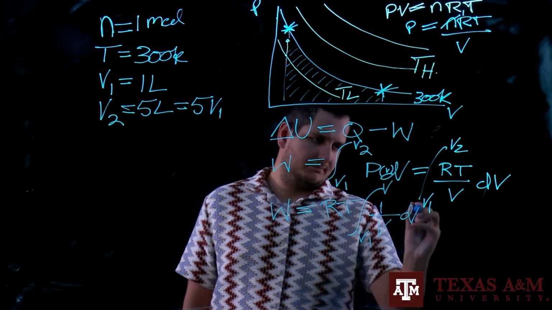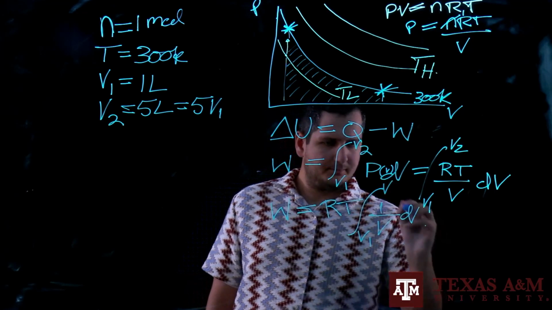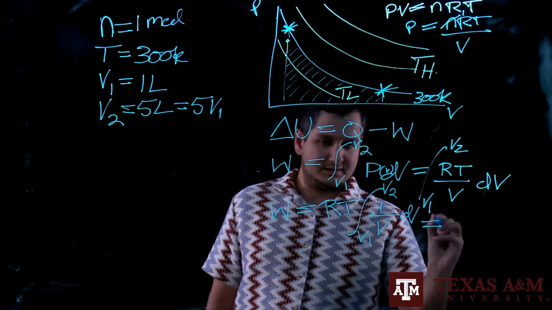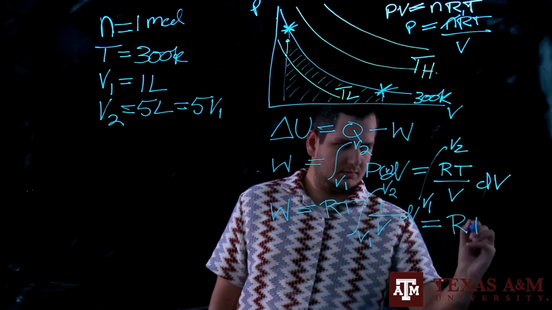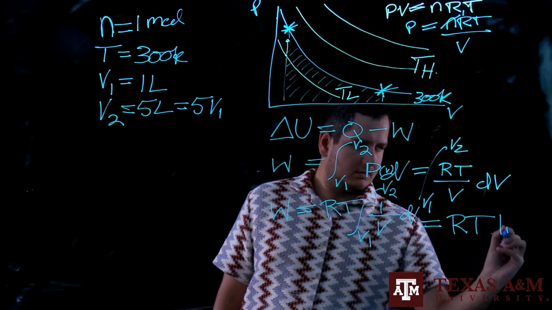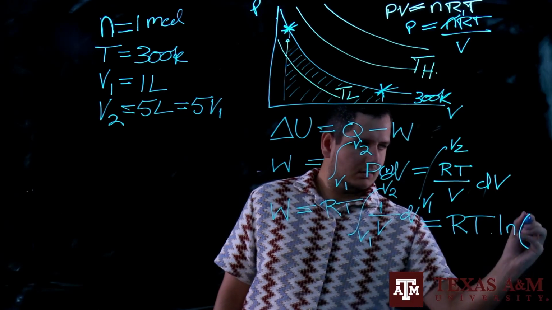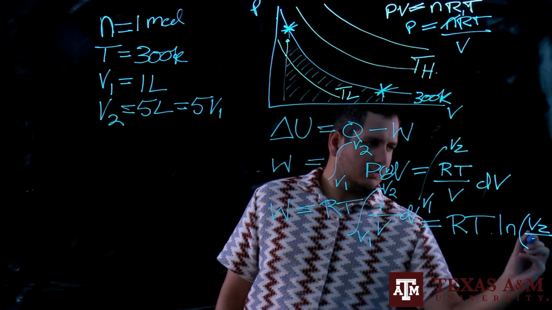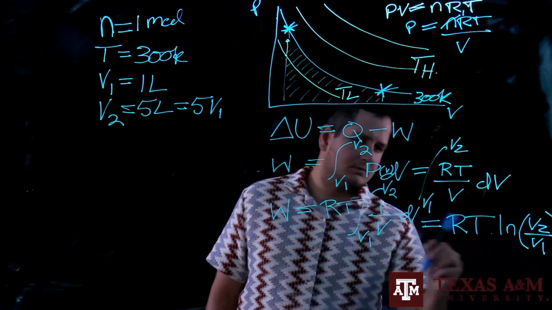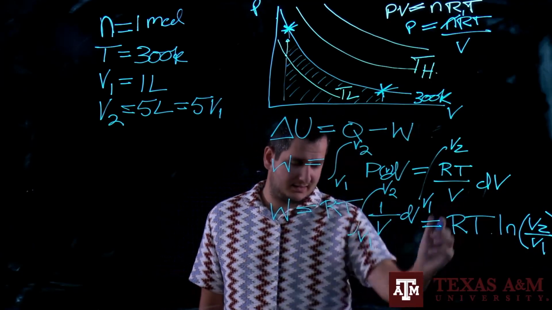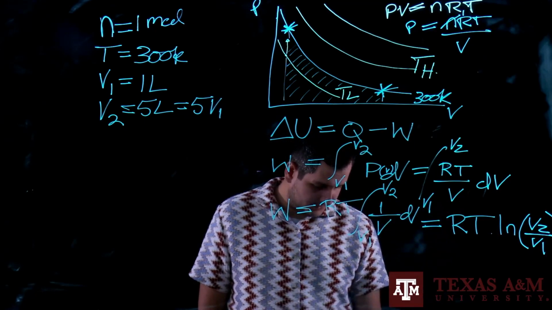We know this one. It's a classic one. We know this integral, 1 over V, is ln of V2 over V1, right?